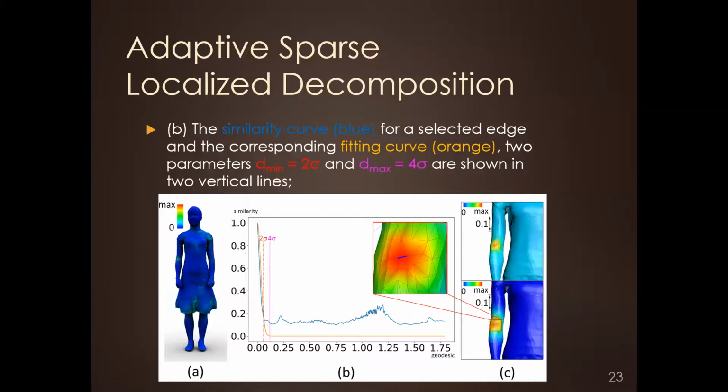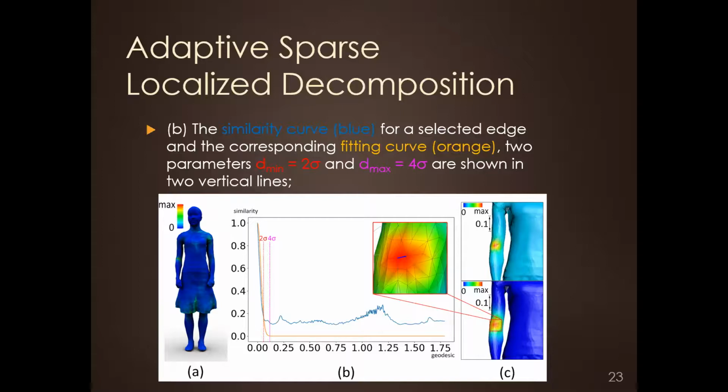And once we have selected an edge, we sort all edges according to their geodesic distance to the selected edge, as shown in the x-axis in figure B.